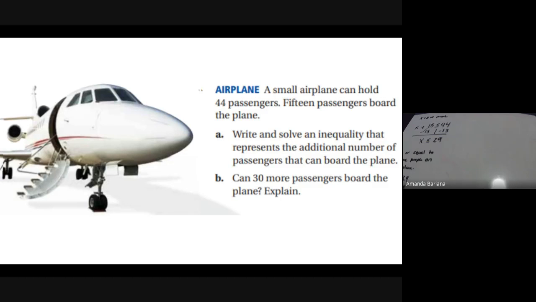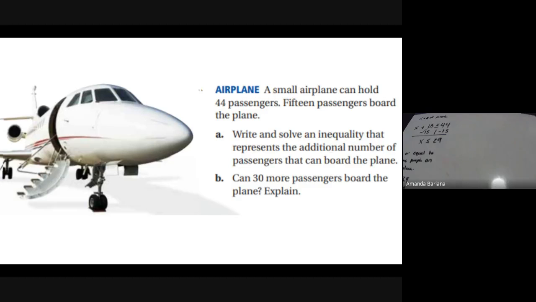Is 30 less than 29? No, it's definitely not. So we would say no, not a solution. 30 would not work. So we cannot have 30 more people board the plane. We can only have 29 or less more people board the plane.